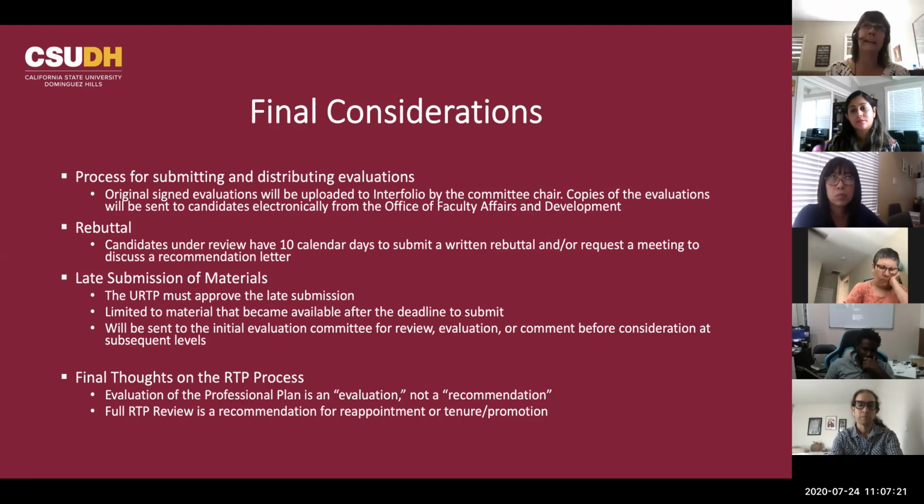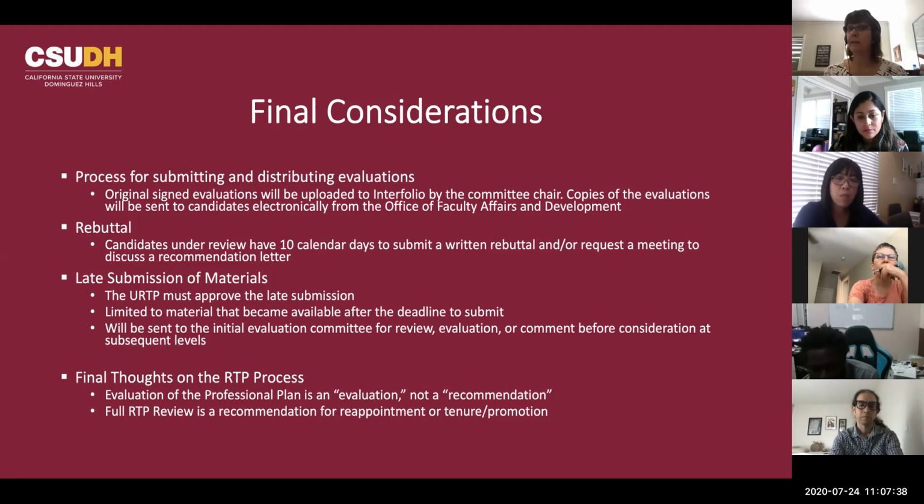So let's say you got an article accepted a couple months after you submitted your file, and it was already at the dean's level. It would go back to the beginning, and your department committee would have to weigh in on whether they are going to change their evaluations, because they have to reconsider.